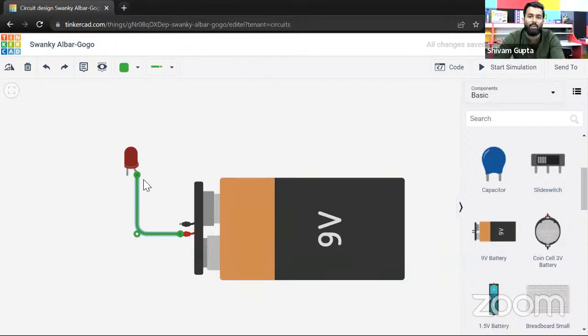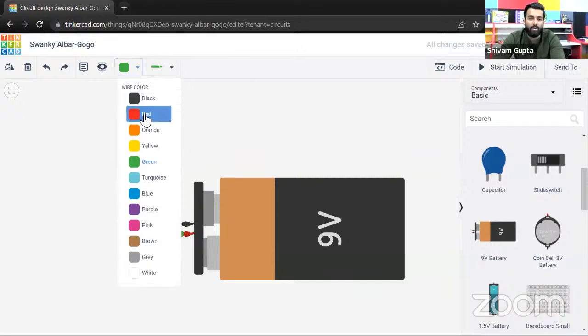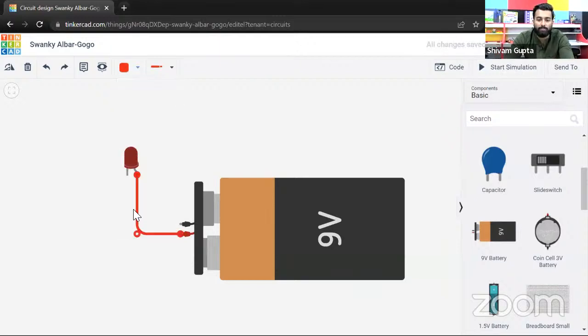It's very simple to use, right? You can simply make the wires, and we can even change the color, because color helps us to understand whether it is positive or negative. So we can use red color for indicating the terminal or the wire as positive.